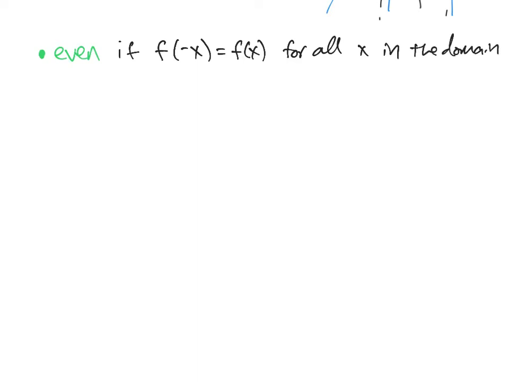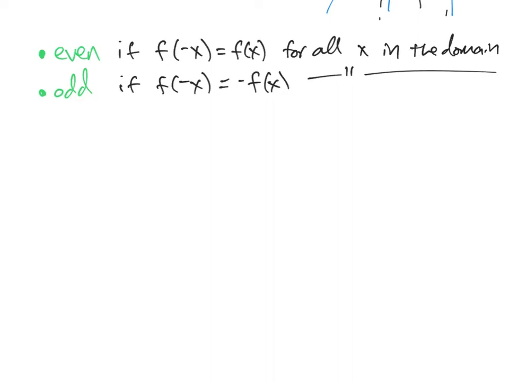And similarly, f is odd if, thinking about this geometrically, it has rotational symmetry about the origin. So it's odd if when you plug in a negative value, you get the negative of what you would get if you plugged in the positive value.